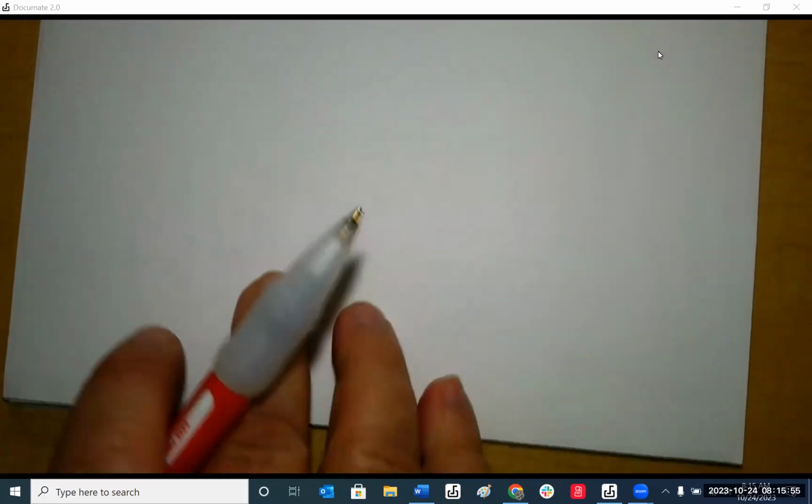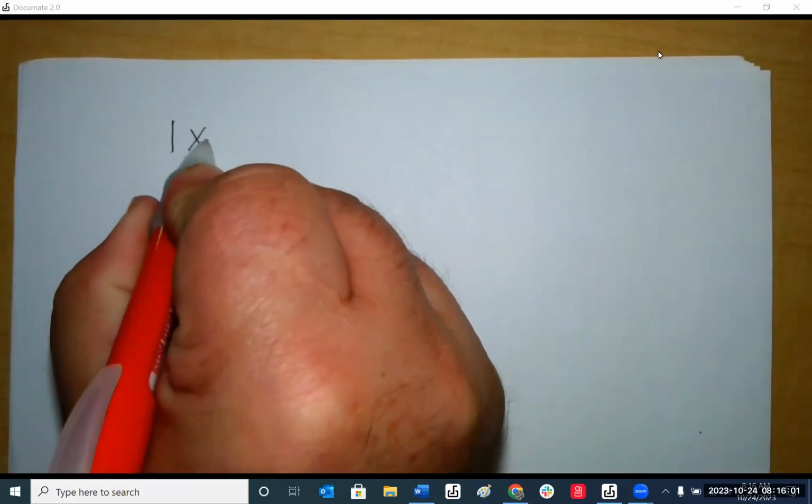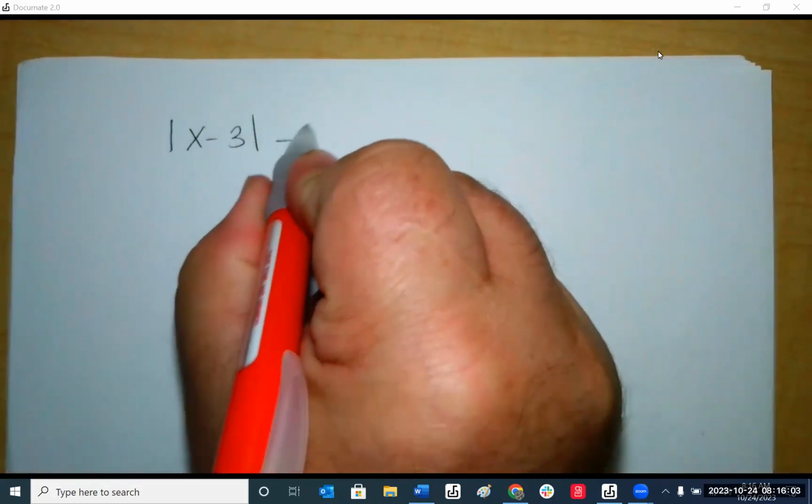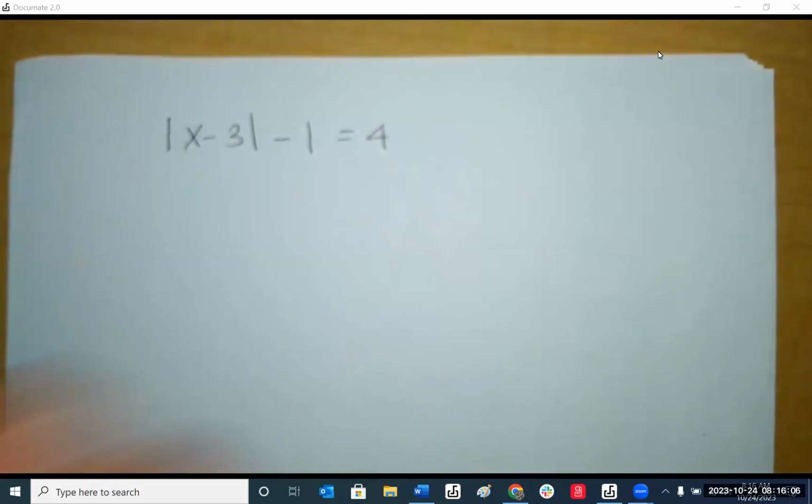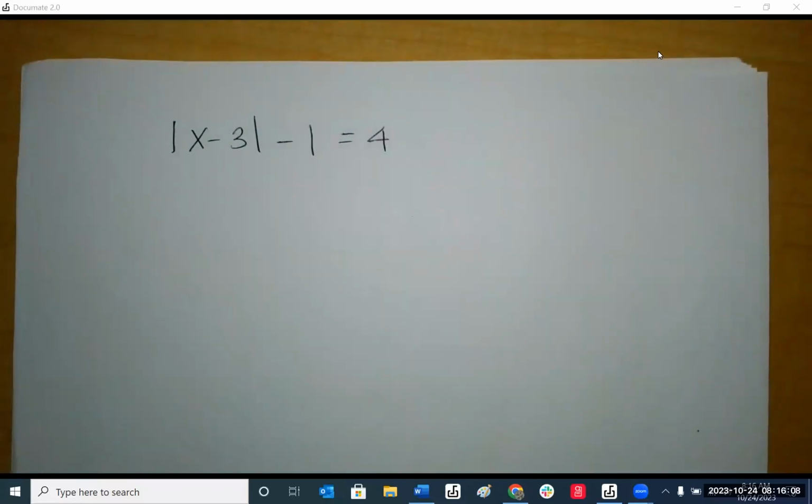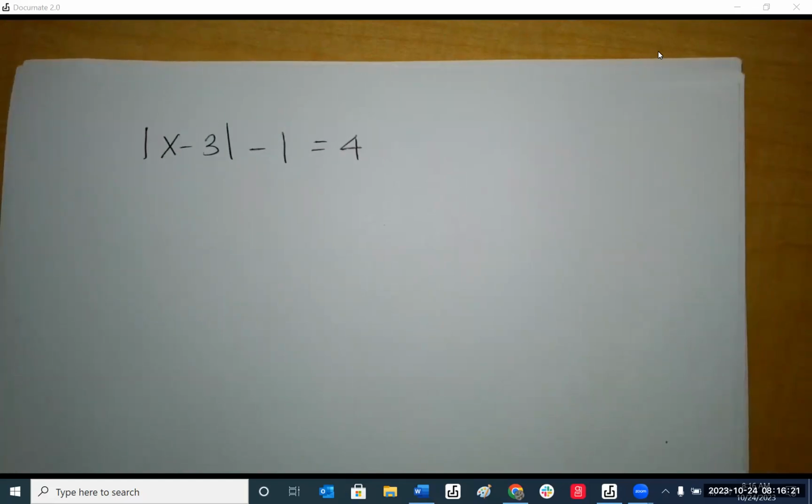Let's take another example. This one's going to work, I promise. Yes. Work that one out. First step, isolate the absolute value.